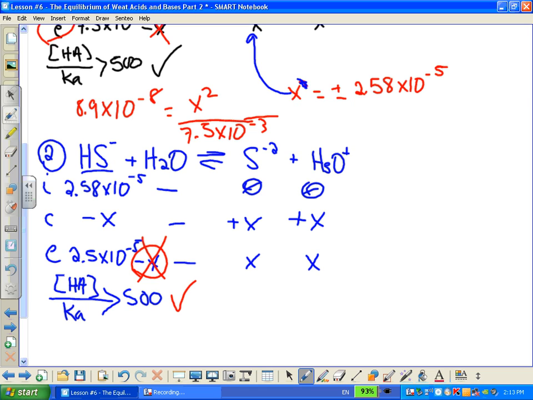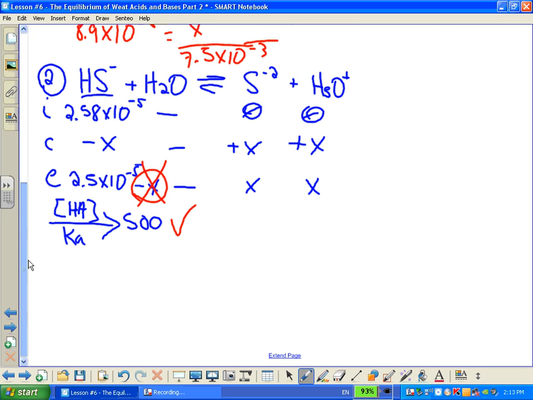So again, we need to plug it into our products over reactants. So our Ka in this situation we didn't look up yet. So if you look in the back of your textbook, you'll see that the Ka value for HS negative is 1.0 times 10 to the negative 19. So now we can substitute that into our equation products over reactants.